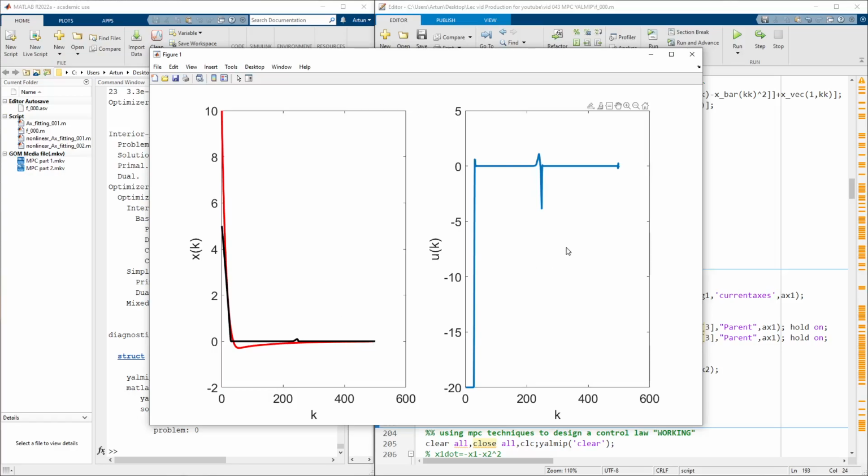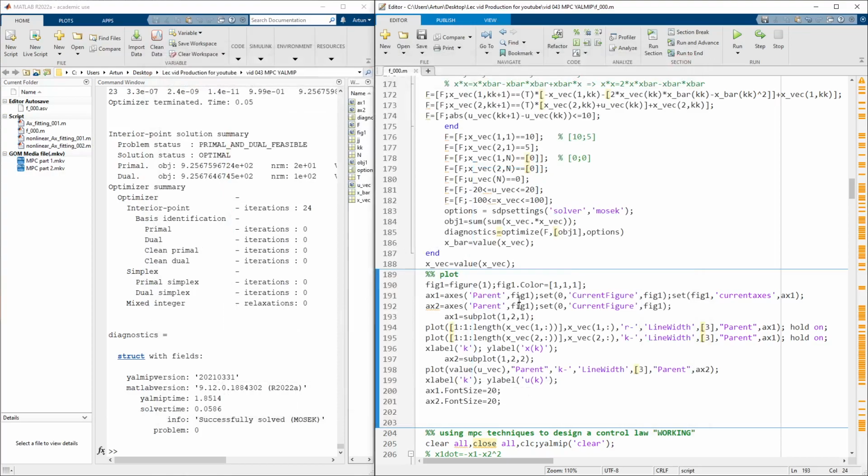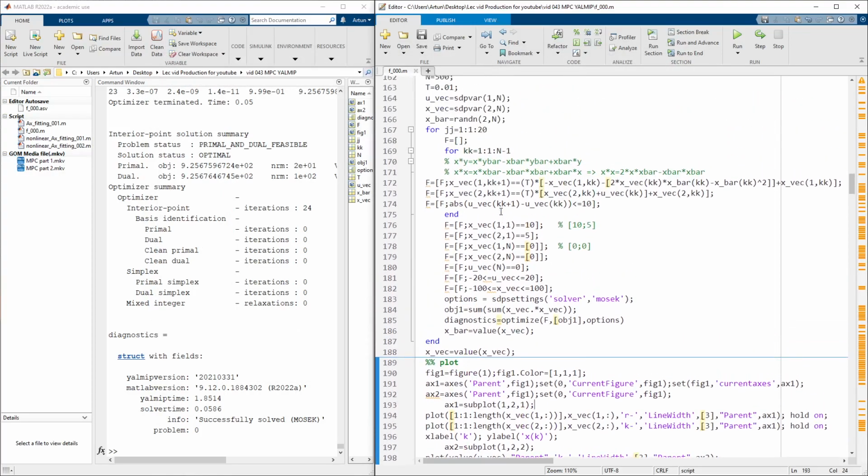I'm looking at the problem and thinking about whether there's something that I need to discuss more. Maybe we could, for example, lower the lower limit of u dot. Maybe I can make this 5 or something, rather than 10.